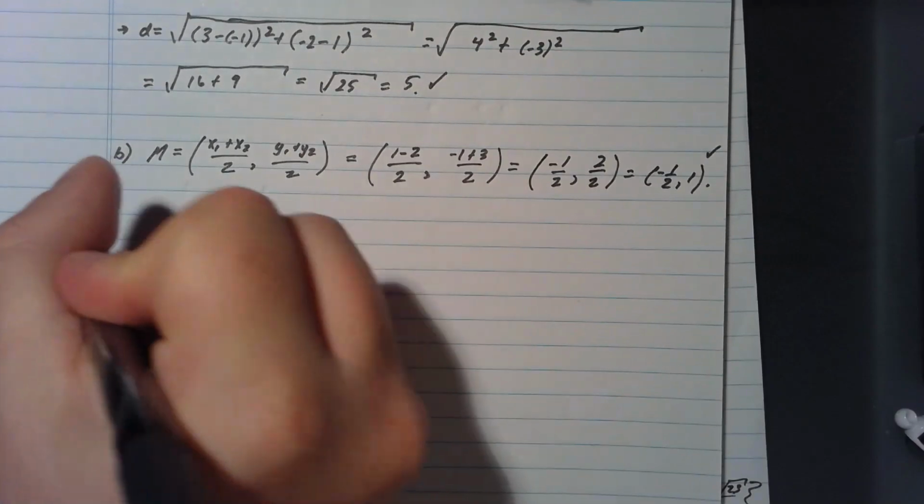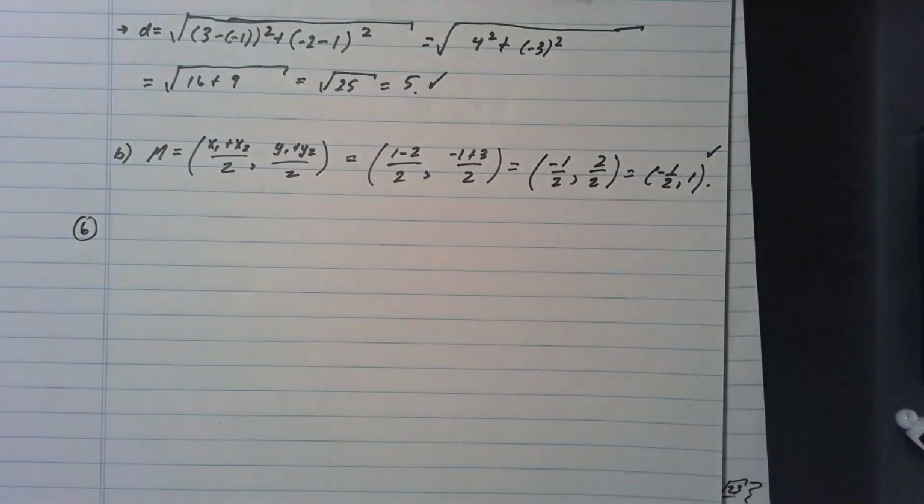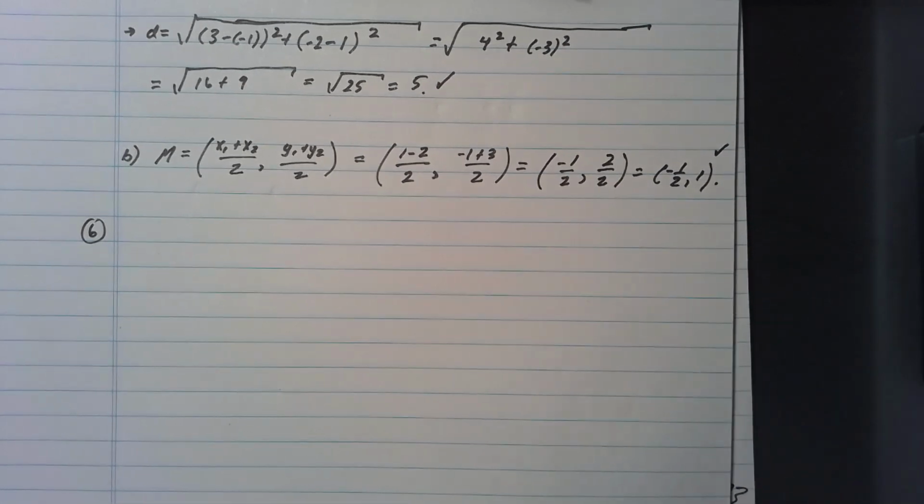All right. Number 6. So number 6 is a word problem. It's about mixing two coffees together, two blends of coffee. All right.